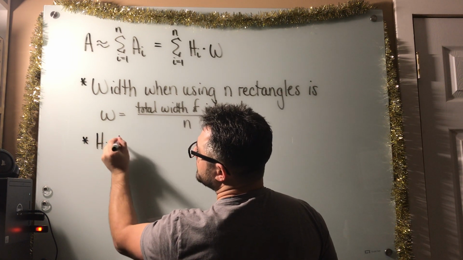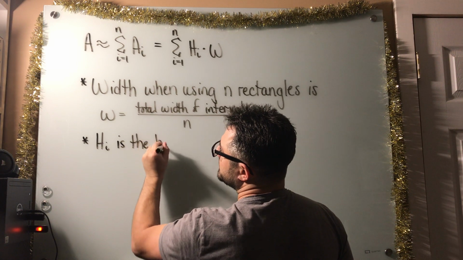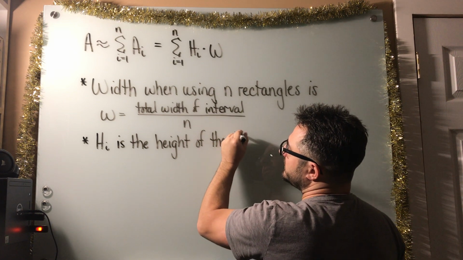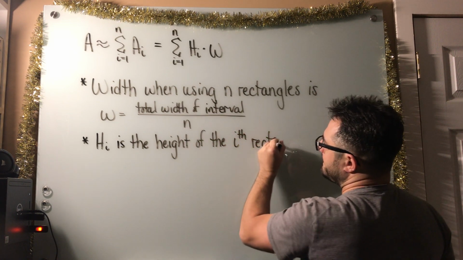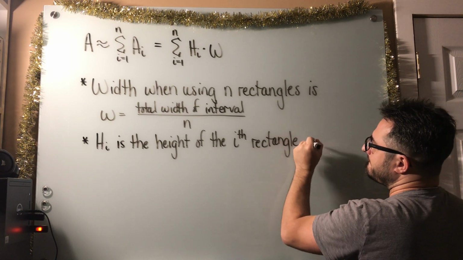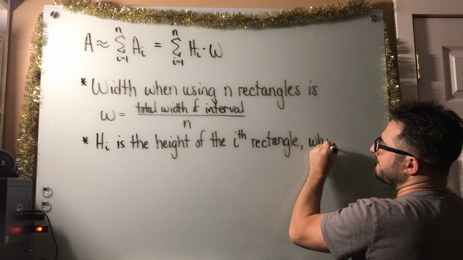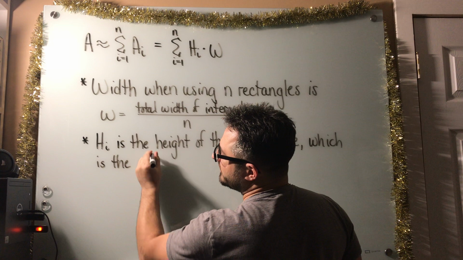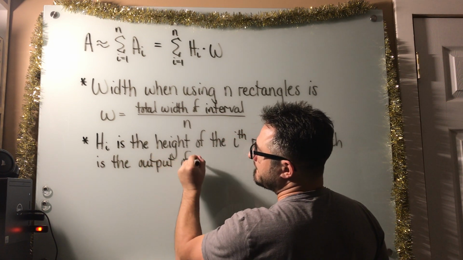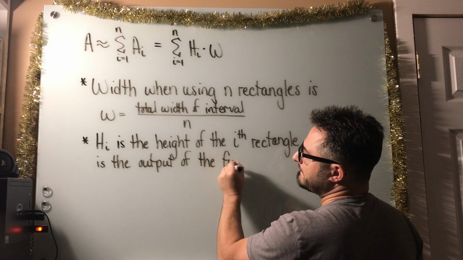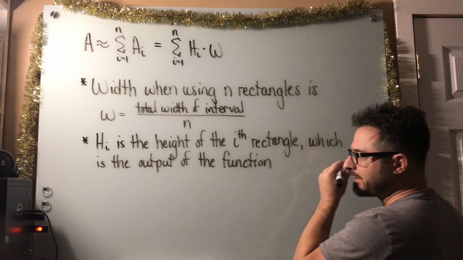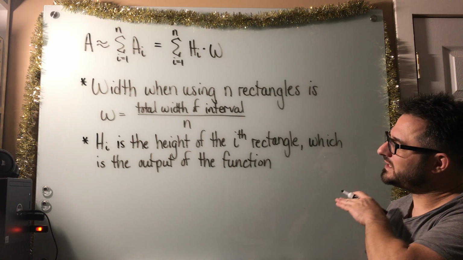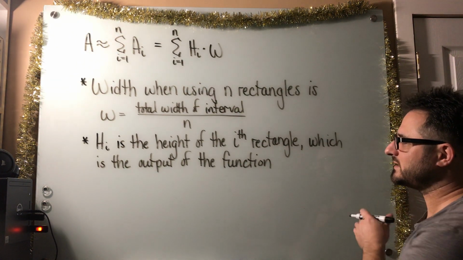H sub i is the height of the ith rectangle, which is the output value of the function at the right endpoint of the ith subinterval.